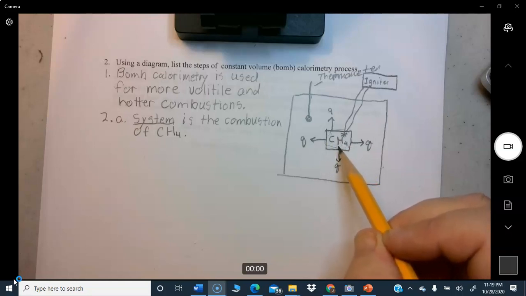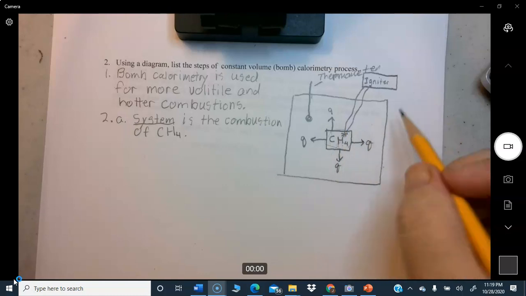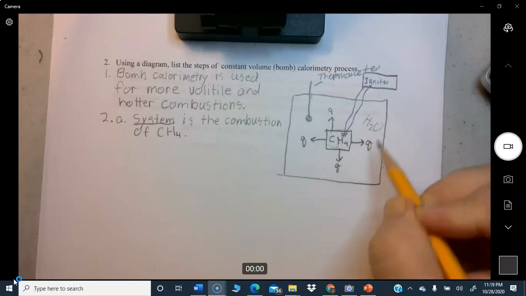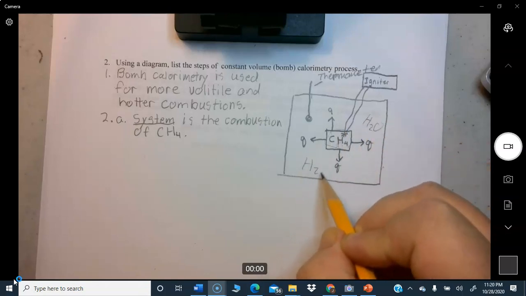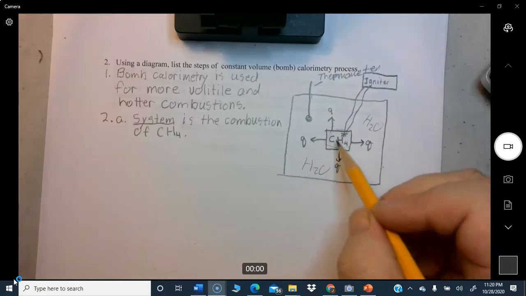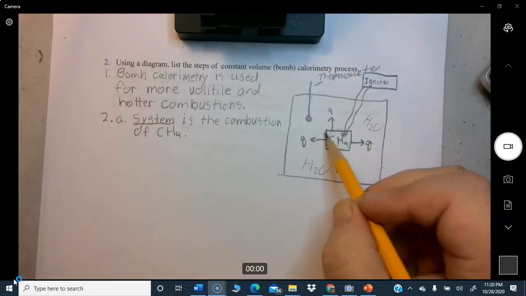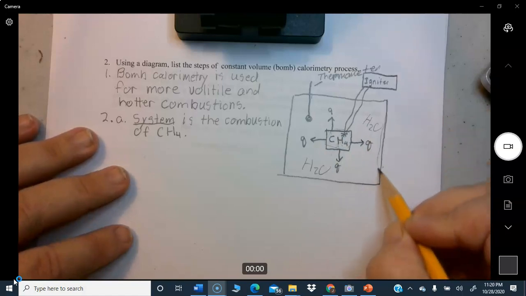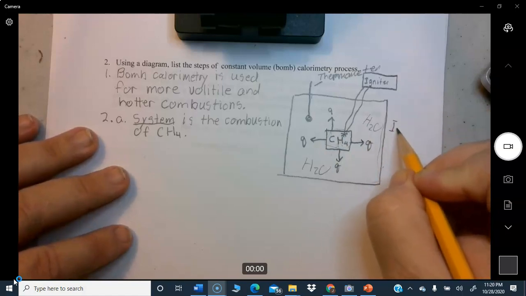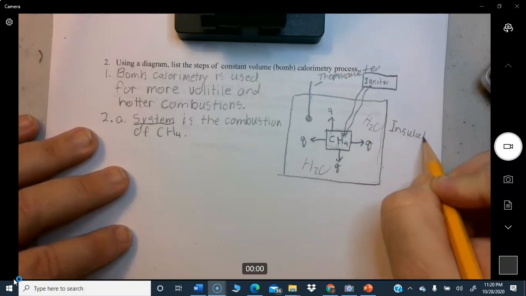It's a small chamber that's separated from the water. This is all water out here, and it's pure water. It's not mixed with anything out here. So this is a little chamber. The heat's going to be able to escape that chamber, but it's not able to escape this. So again, as we did on the last one, let's write insulated.